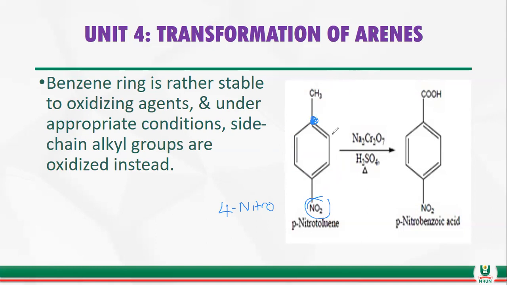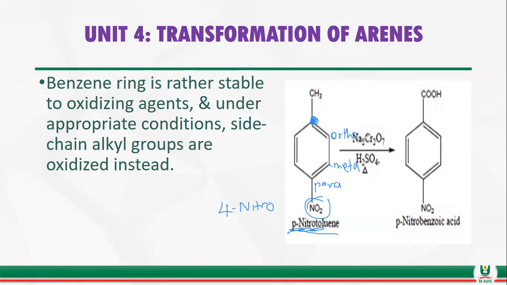So position next to it, which is position 2, if you don't want to call it 2, you can call it ortho, which is abbreviated as O. The one that is third position or meta position to it is called the meta position, which is abbreviated as M. And the one that is on position 4 to the starting point is called para. It's abbreviated as P.